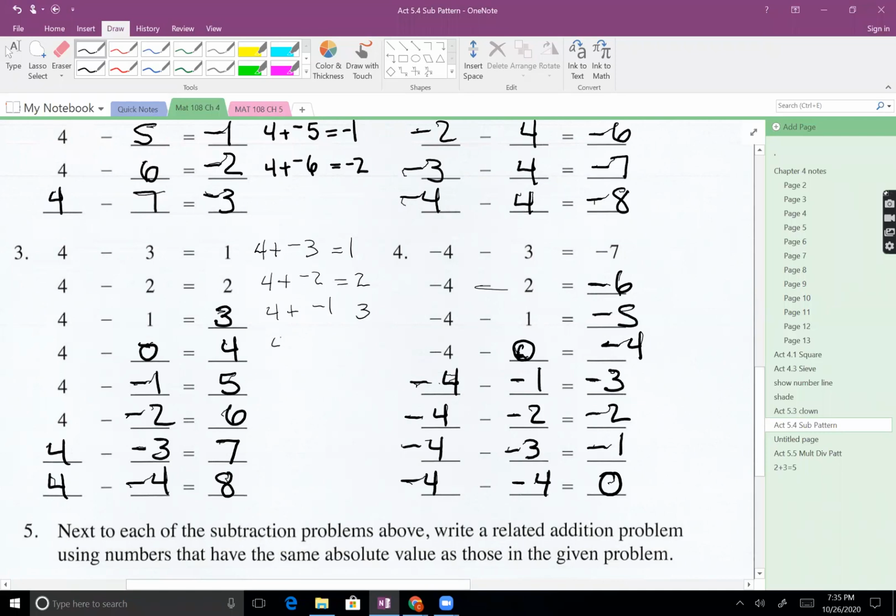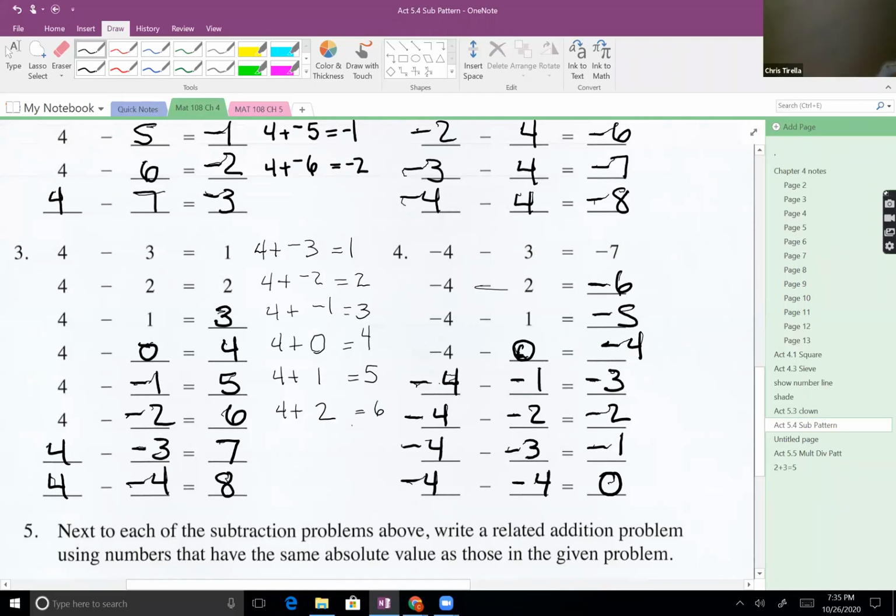What would I add to 4 to get 4? 0. What would I add to 4 to get 5? 1. What would I add to 4 to get 6? 2.